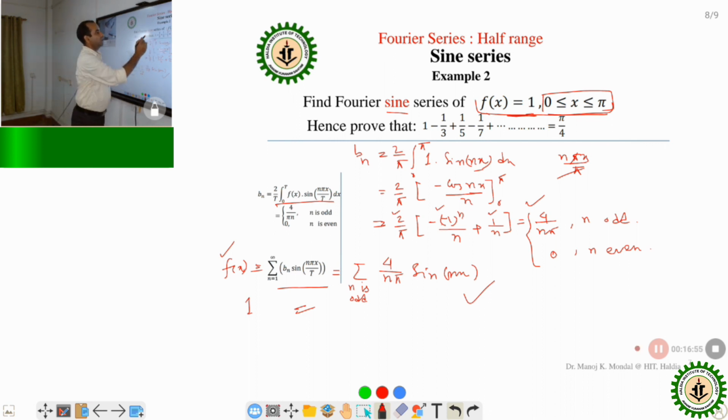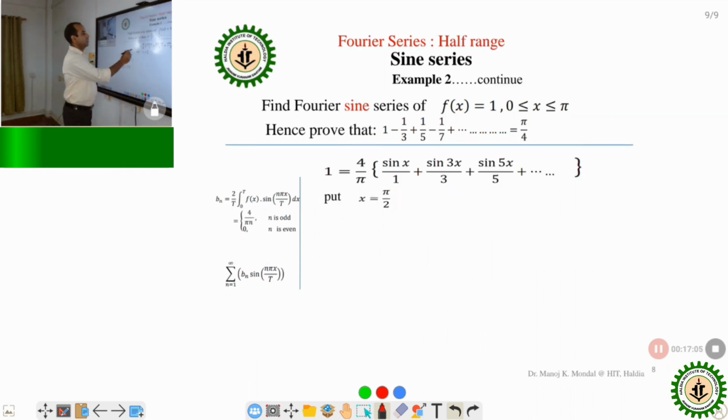Now with the help of this we have to prove that series again. What actually do we have to do? For this we have to choose x equal to something. This is our half range Fourier sine series, which we already proved in the previous slide. Now we put x equal to pi by 2.